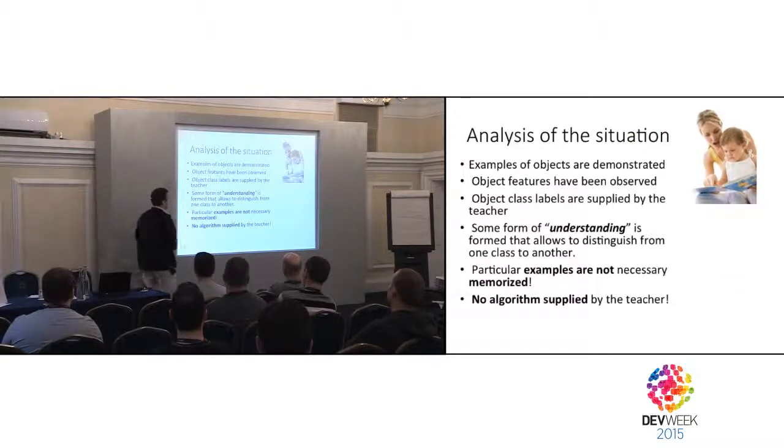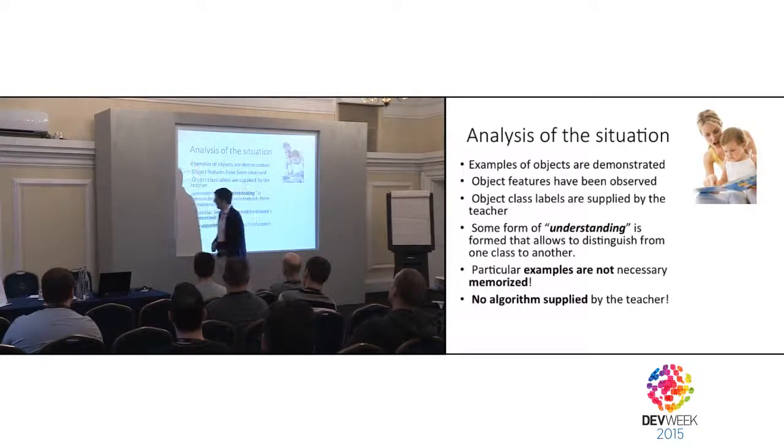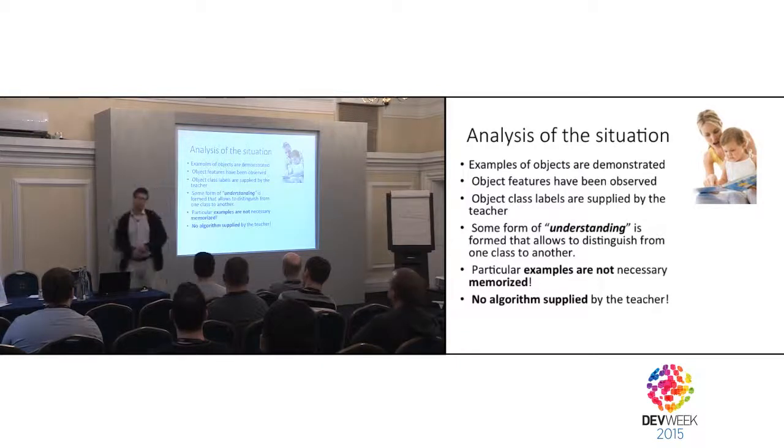Let's make the analysis of this situation that we considered. The examples of objects were demonstrated to the child. And with the eyes, the child has observed the features of the objects.